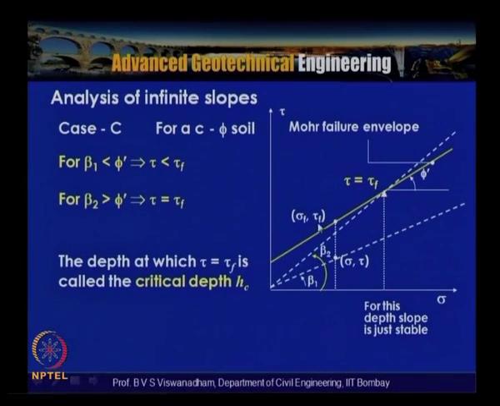Here, when it meets the failure envelope, the shear stress is equivalent to the shear strength of the soil and leads to failure. So for beta 1 less than phi dash, tau is less than tau f, but when beta 2 is greater than phi dash, at a certain point it meets this failure envelope, and the point at which tau tends to tau f is called the critical depth.